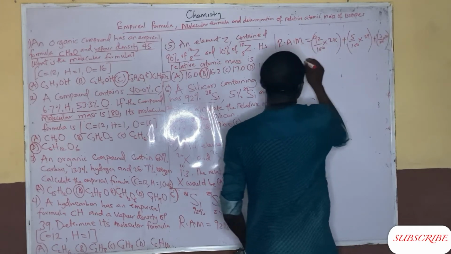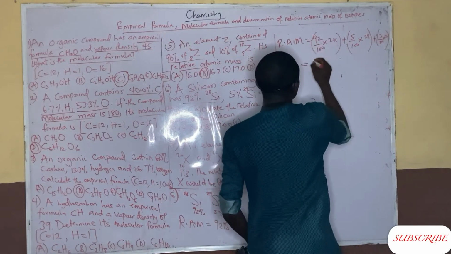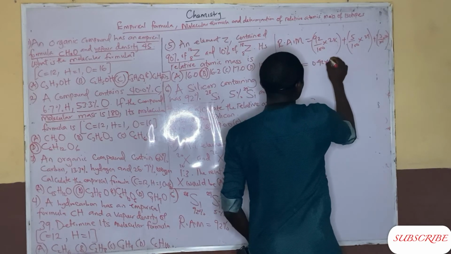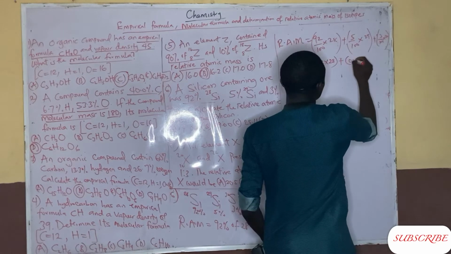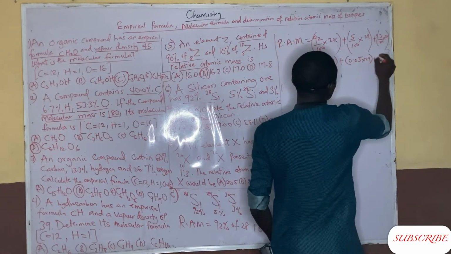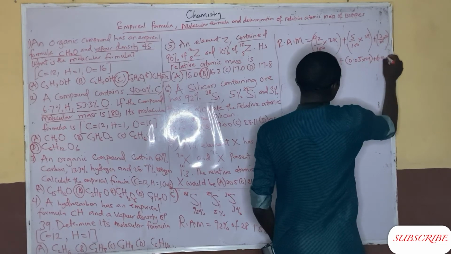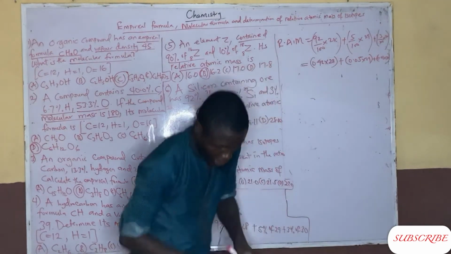So with that, this will be 0.92 multiplied by 28, plus 0.05 times 29, plus 0.03 times 30. So when you press this on the calculator, what do you get?